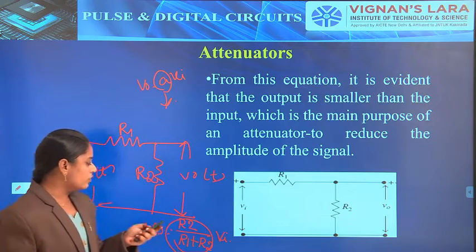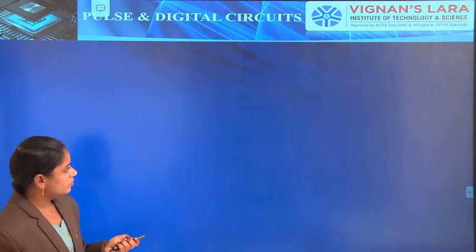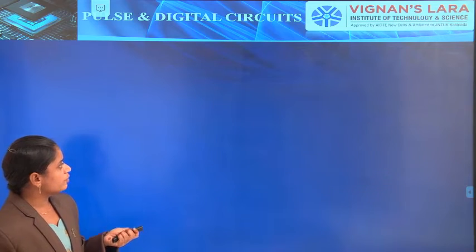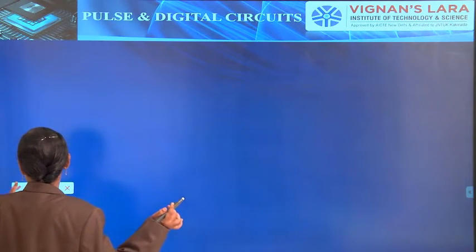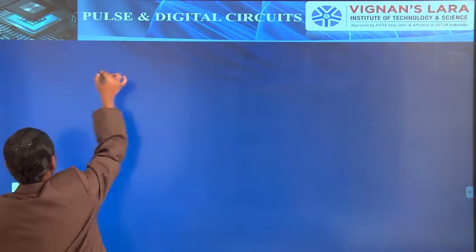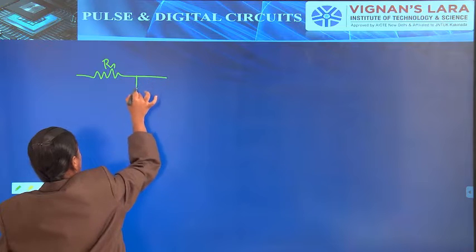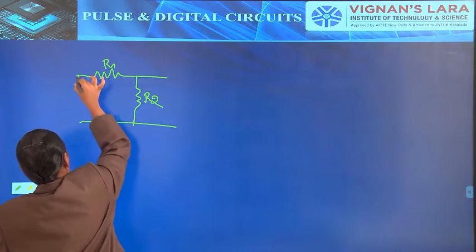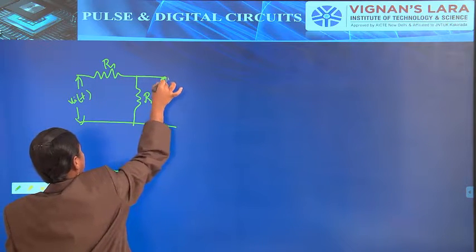Then the circuit will look like this. At the input side we first discuss R1 and R2, and Vi of t and here V0 of t.